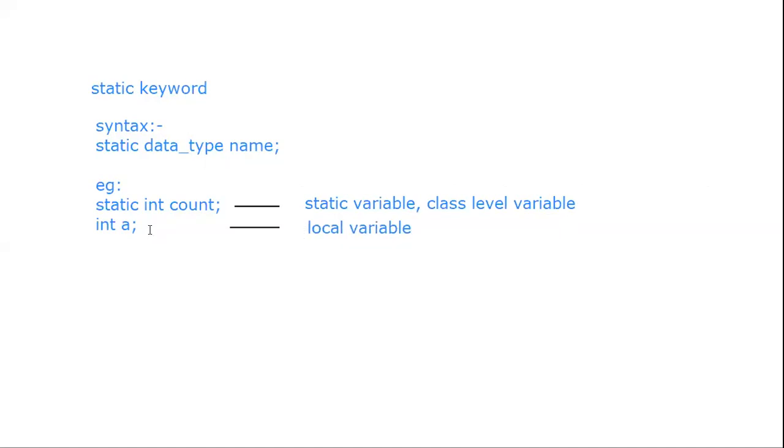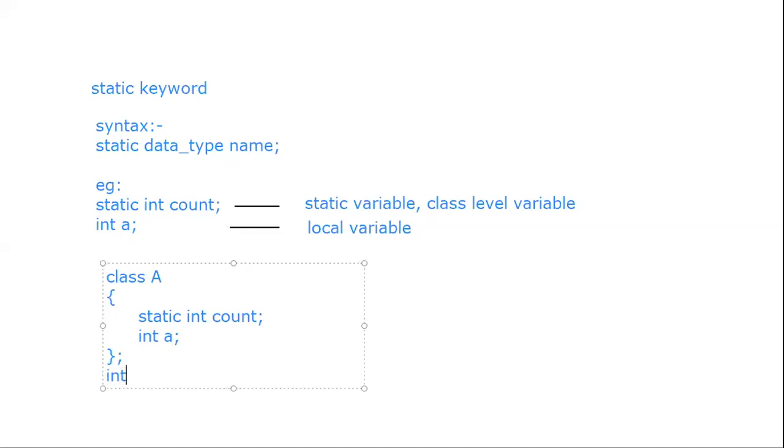And suppose, as per our discussion with respect to static, I will write down one example. Suppose this is class A, and inside that class A, I will write one static variable count, and the second one is a normal variable int a, and I'm done with this code.